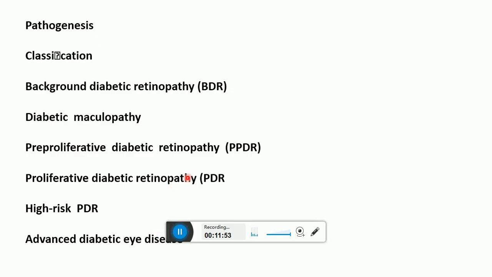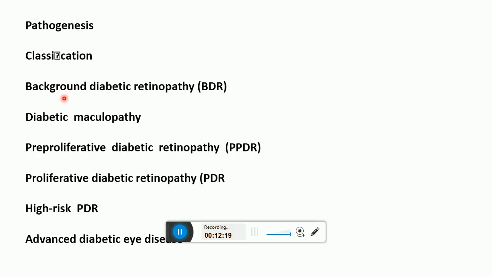Classification is used in the Early Treatment Diabetic Retinopathy Study, ETDRS. The modified Airlie House classification is widely used internationally. In conjunction with management guidelines, which we will discuss, these descriptive categories are also in widespread use in clinical practice.